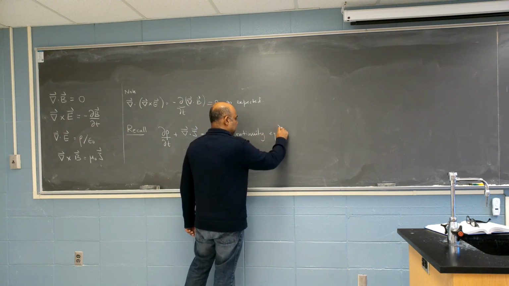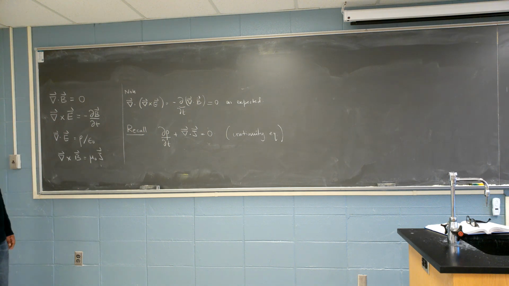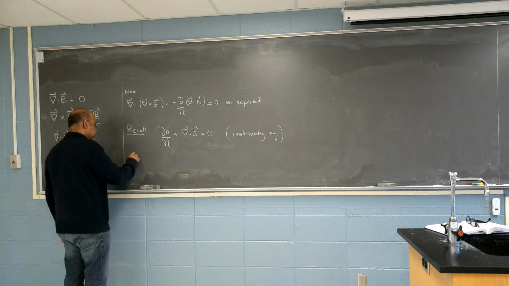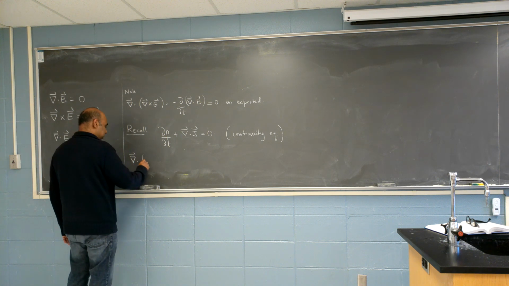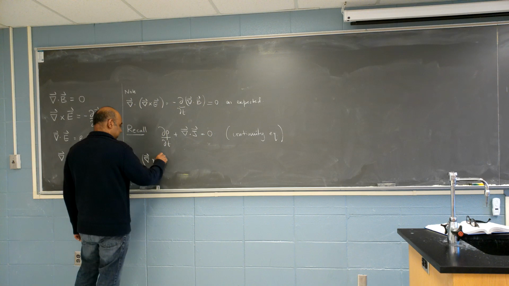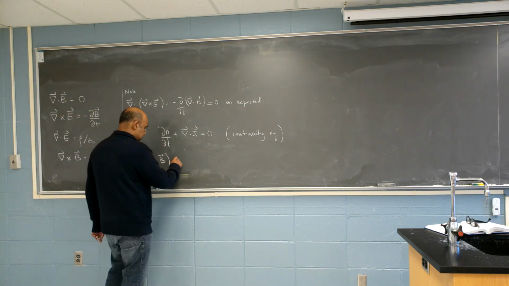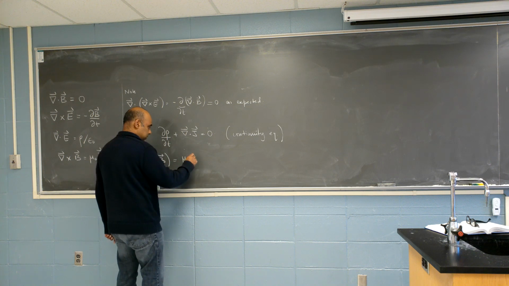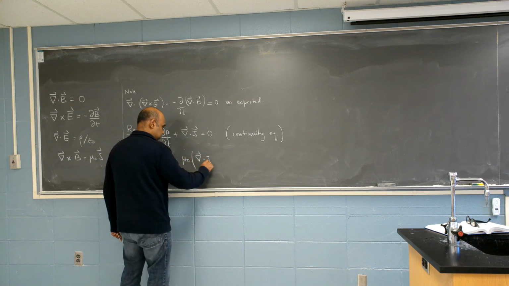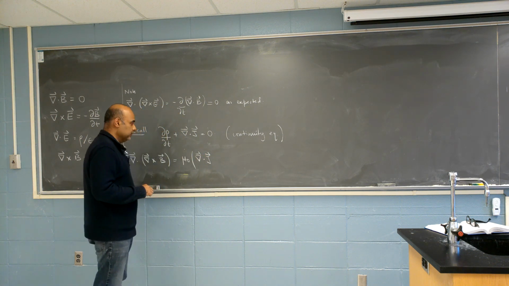So Maxwell didn't have to do much. He just knew how to take divergence and curl like crazy. You have to remember, at that point, that was pretty trendy work. And this is not true.